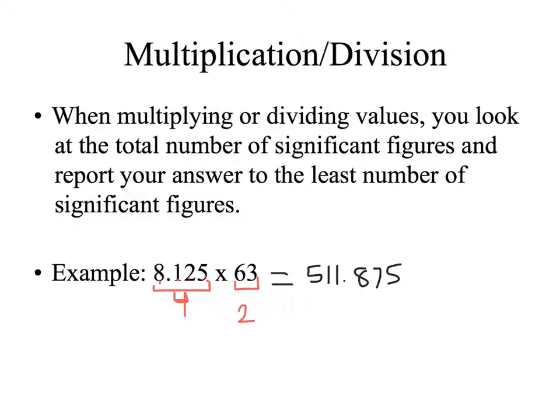So I can only report this value to 2 significant figures. So when I do that, I can report it here and everything else has to be rounded. So this value becomes 510. This value has 2 significant figures in that answer. So you're limited by the measurement that has the least number of significant figures here.